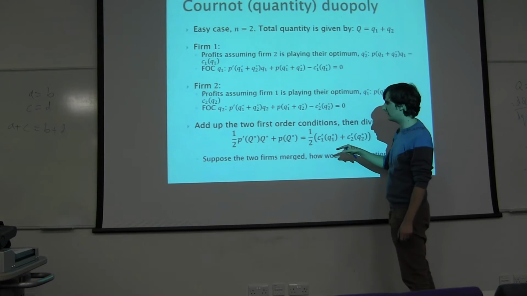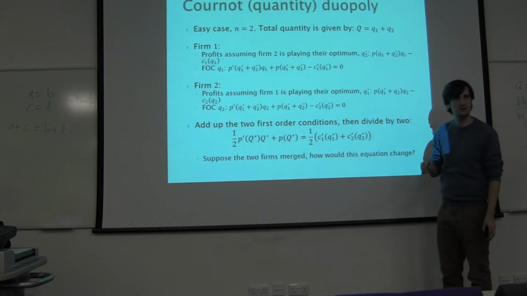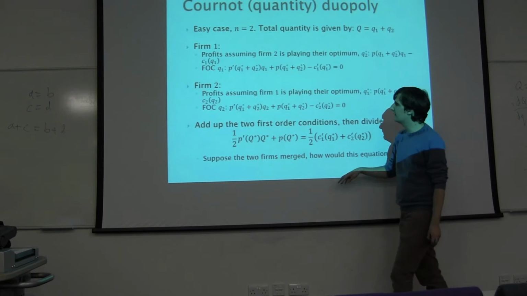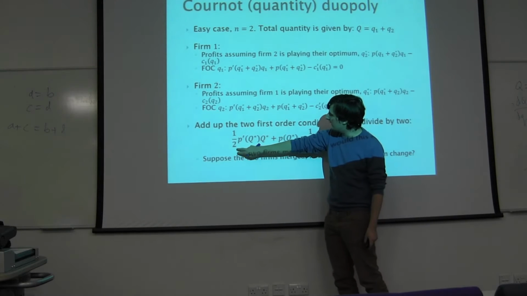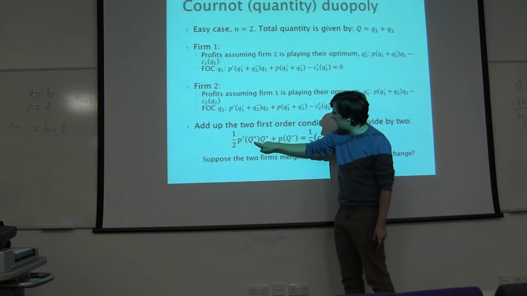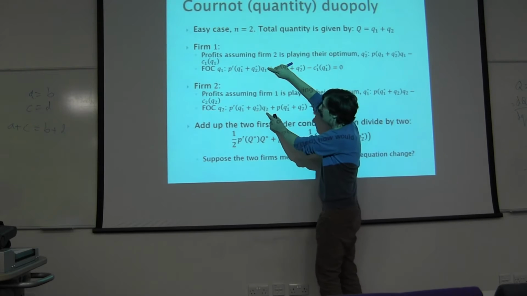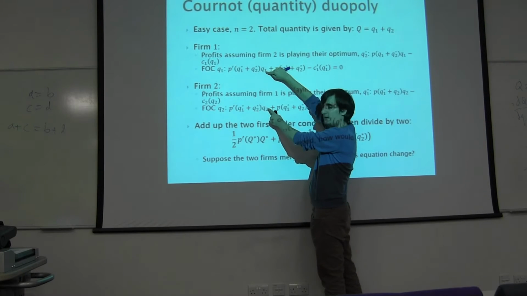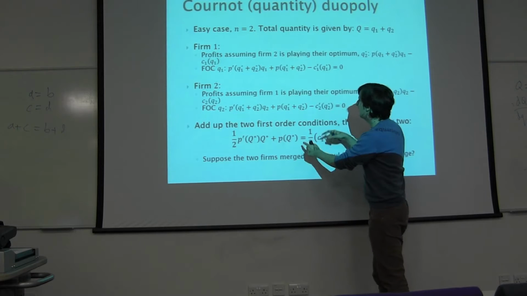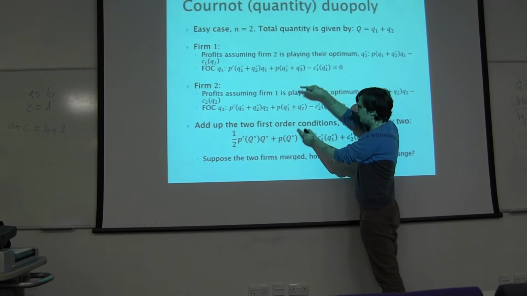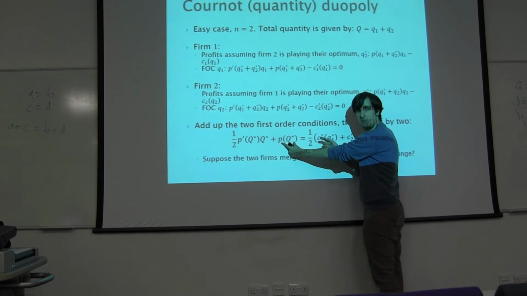When we divide by 2 just to make things neater, we get a half in front of P dash capital Q times Q. Remember, the Q was coming from Q1 plus Q2. Here we get 2 copies of P times Q, so when we divide by 2 we just get P of Q.